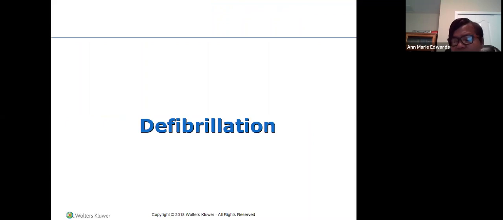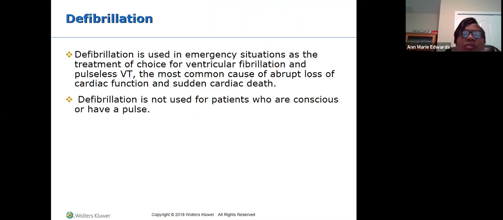So we've looked at pacemakers as an adjunctive modality for dysrhythmias. We also have defibrillation that we can use. Defibrillation is used in emergency situations as the treatment of choice for ventricular fibrillation and pulseless VTAC. The most common cause of abrupt loss of cardiac function and sudden death is ventricular fibrillation.